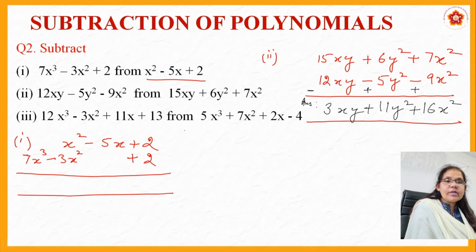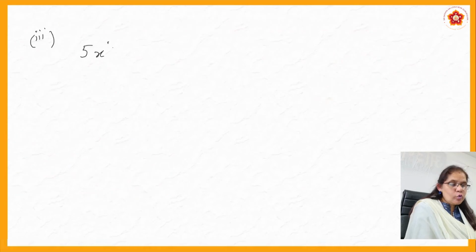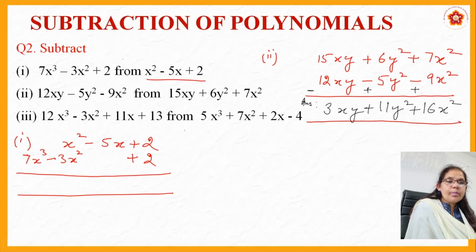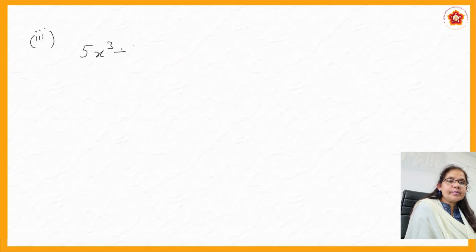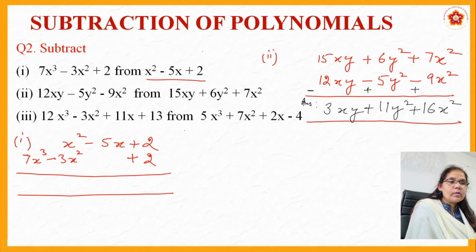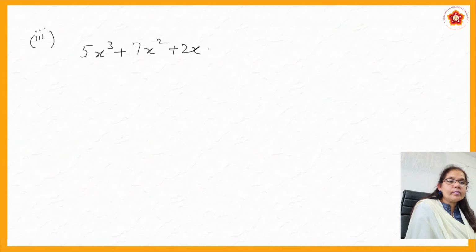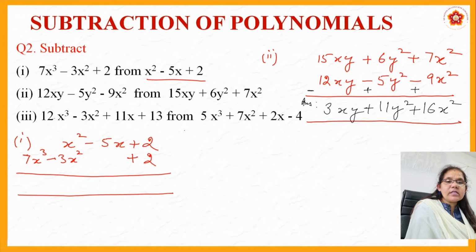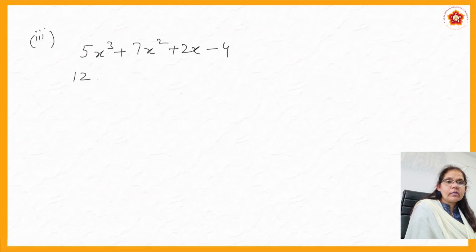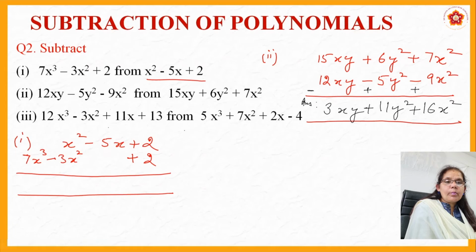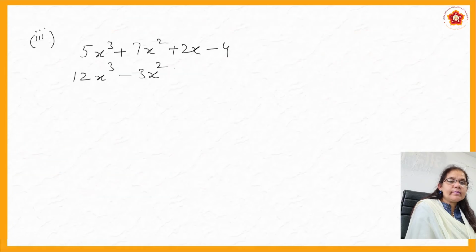So we'll write it first. 5x cube plus 7x square plus 2x minus 4. From here we have to subtract 12x cube minus 3x square plus 11x plus 13.